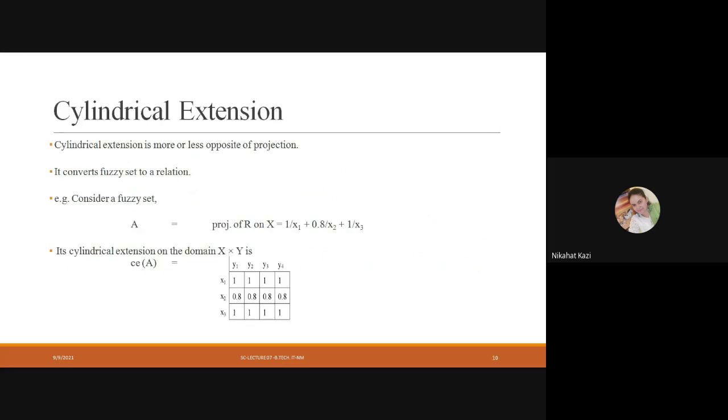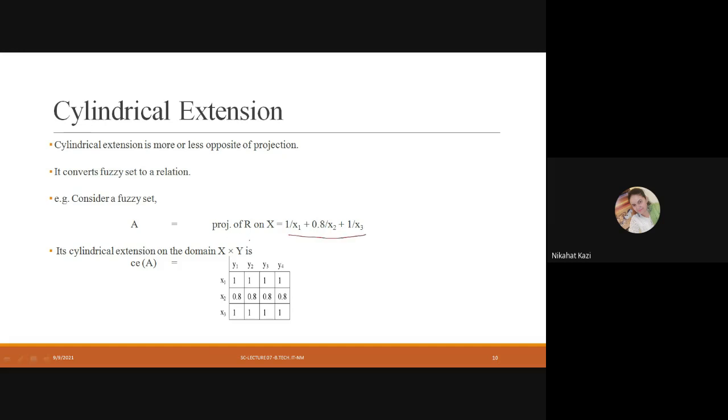The opposite of this operation is called cylindrical extension. It converts a fuzzy set to a fuzzy relation. Suppose A is the fuzzy set that we obtained earlier from the projection operation.